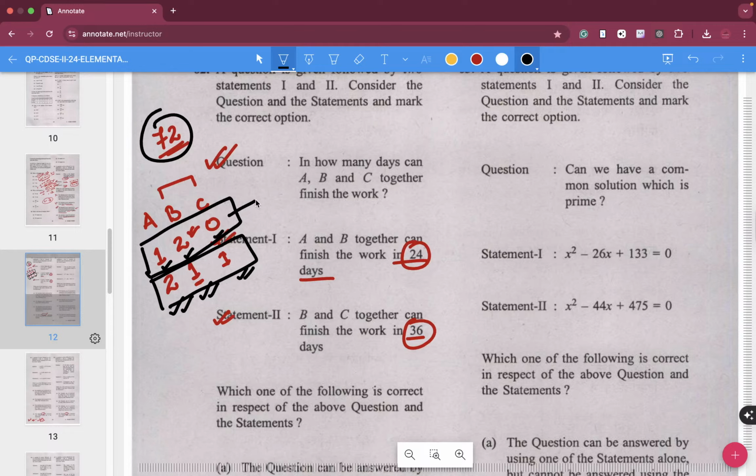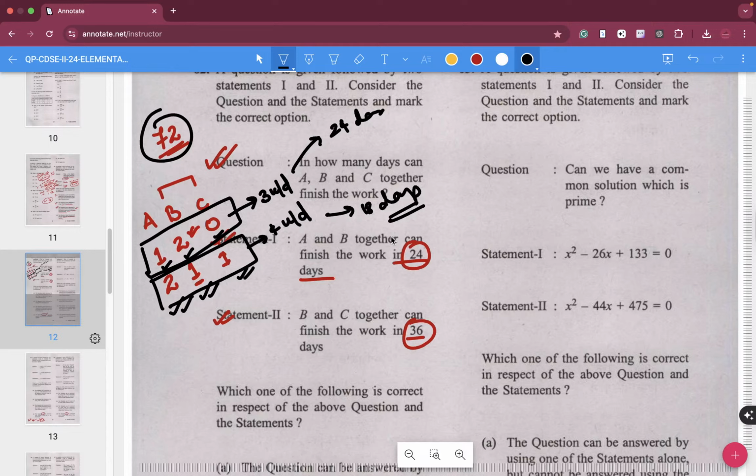In the first case only 3 units of work per day is happening, and in the other case 4 units per day. The first case gives 24 days for the work to get completed, and the other case gives 18 days.